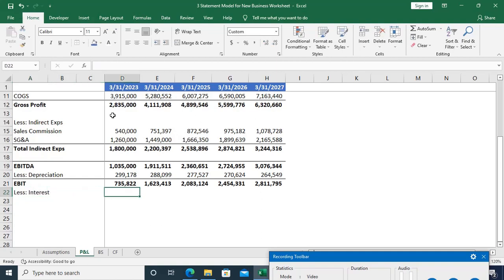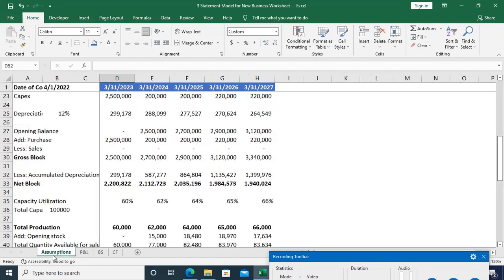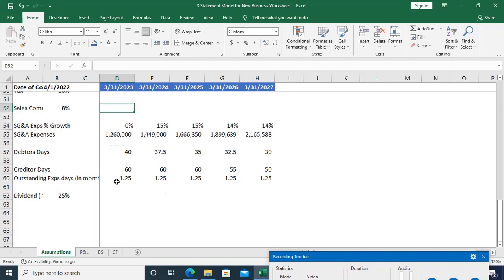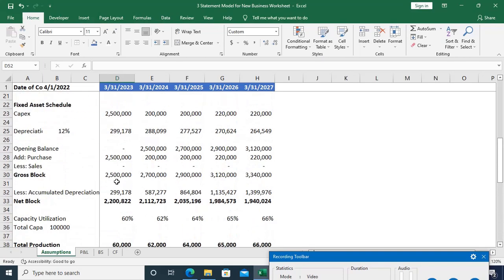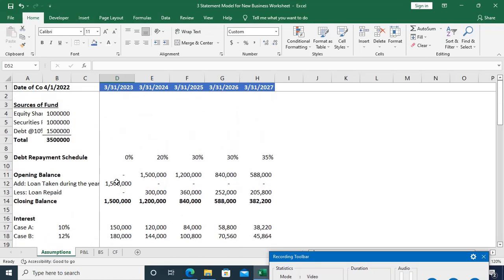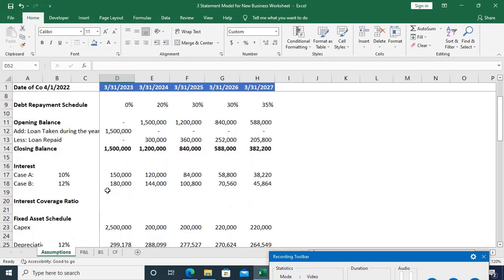Less interest. Now here is something really interesting about it. What interest rate, and why should you select it? So think about it. In our assumption sheet we had this thing in the interest schedule. Yeah, this one. If it is 10%, if it is 12%.